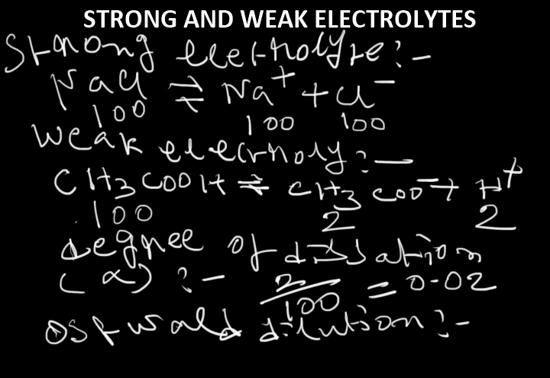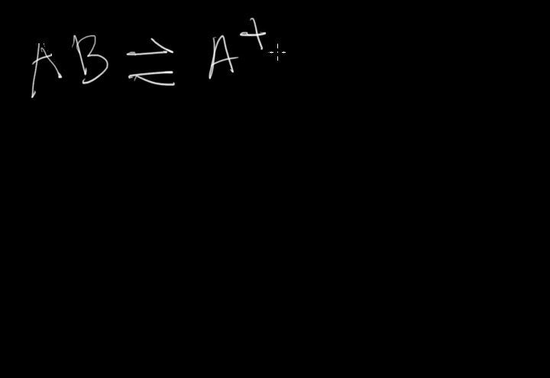Now let us deduce the Ostwald dilution law. Let us consider a weak electrolyte AB. Now AB dissociates as A plus and B minus.